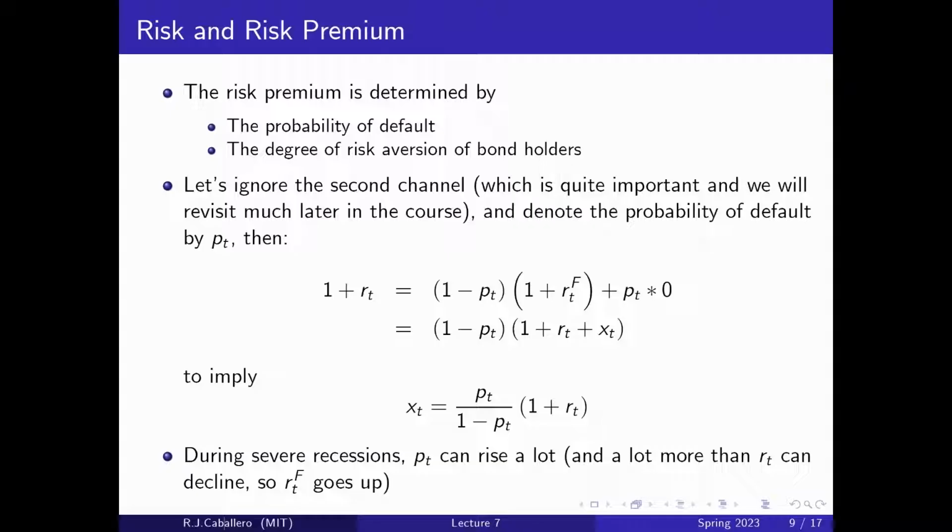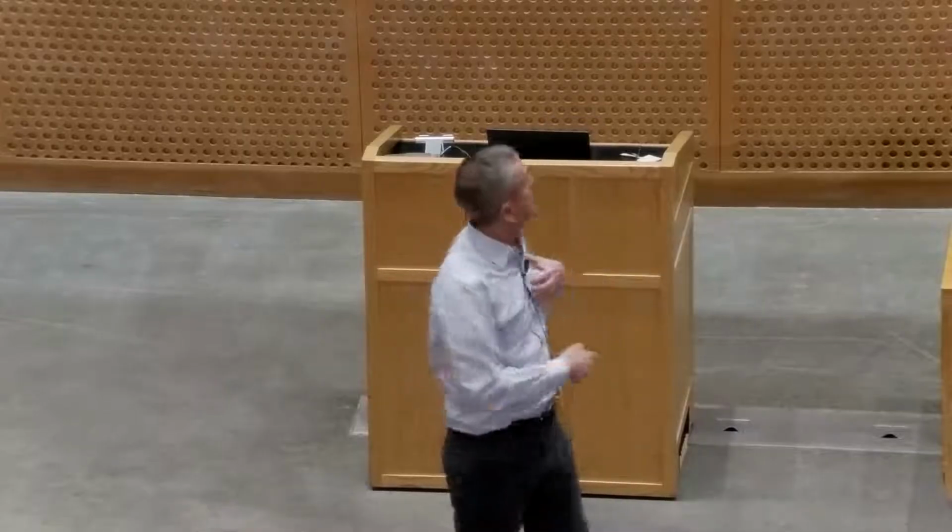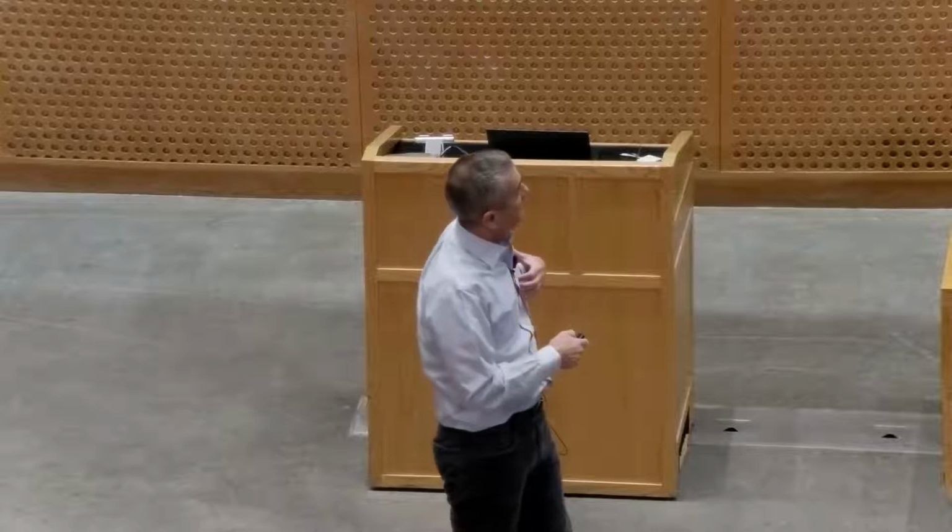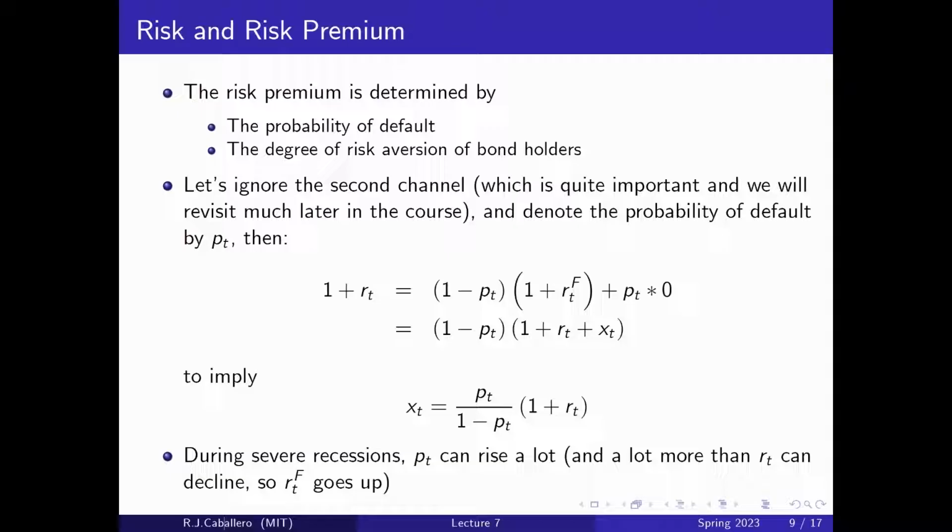So I have to be indifferent between these two things. And the spread here will have to adjust, so I'm indifferent between these two things indeed. It's obvious, if the probability of default is greater than 0, that this RF is going to have to be greater than RT, because otherwise I don't want to invest in a bond that pays me the same as that, and on top of that, I can experience a default occasionally, not get my money back.